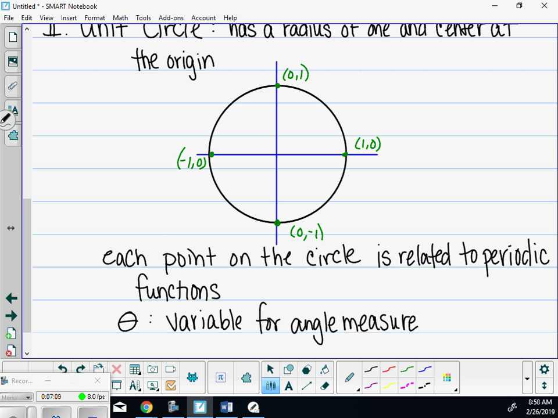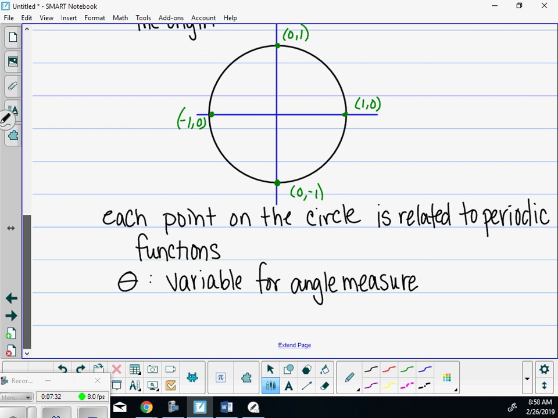You know, we use x and y a lot on the coordinate plane. We get z in there if we give it 3 dimensions. Theta is typically the variable that somebody chose at some point in math to use for angle measure. So we are going to deal with a lot of angle measures that we are going to call theta instead of some other letter.